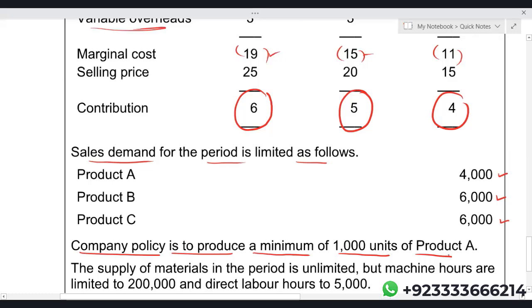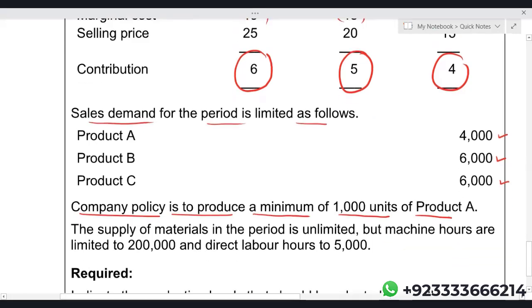Whenever there's a company policy to produce certain units of any product, then no matter whatever the ranking comes, those minimum units you have to produce. No matter whatever ranking comes, you have to fulfill the minimum requirement because of the policy.